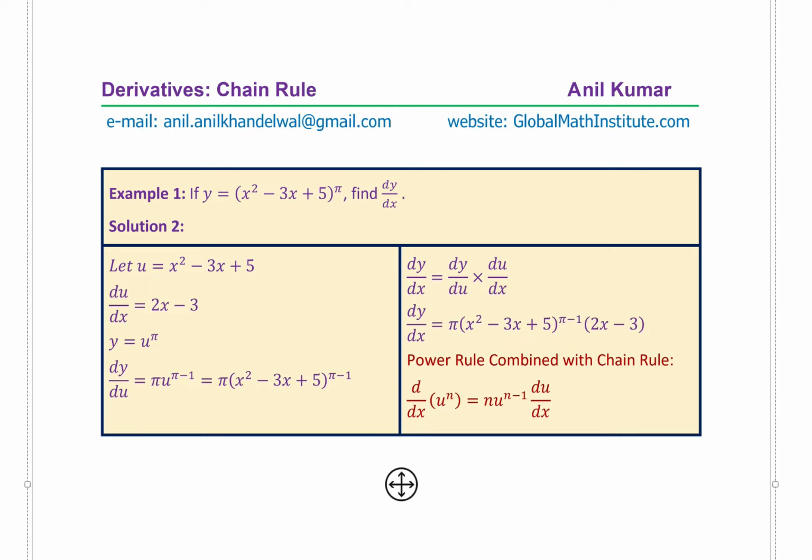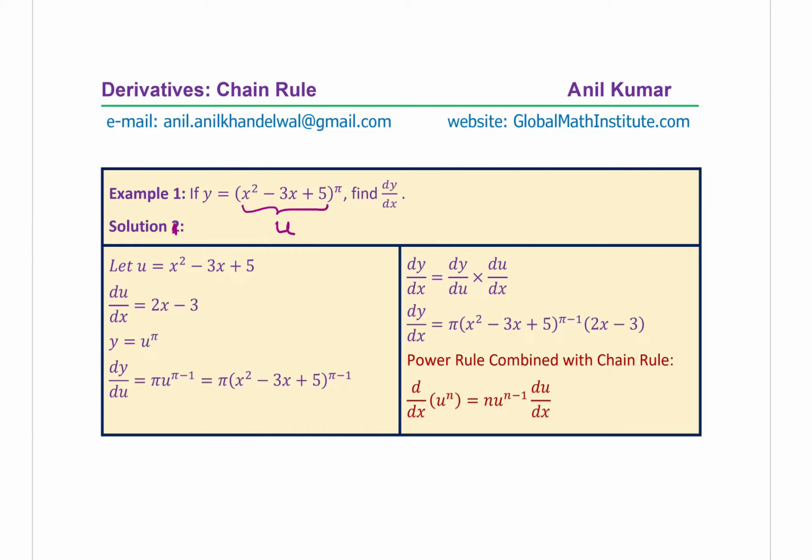Example 1: if y is equal to x squared minus 3x plus 5 to the power of pi, find dy dx. Let's see how to write the solution for this. We can use a combination of the power rule with the chain rule. We define the inside function as u.